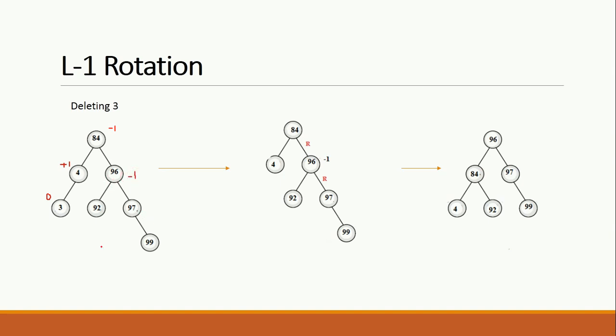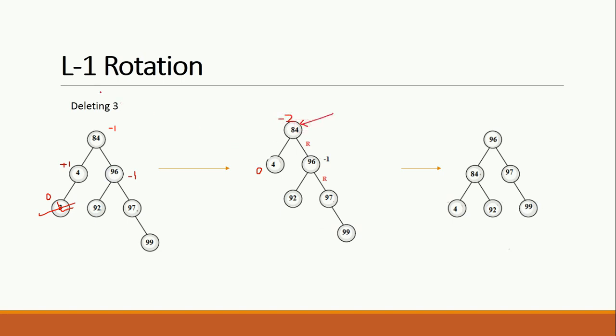Now suppose I want to delete 3, then 3 can be deleted directly because it has 0 children. Now after the deletion, see what changes in the balance factor. It is 0 now, it is 1, it is 3, minus 2. Now this node is actually getting invalid.